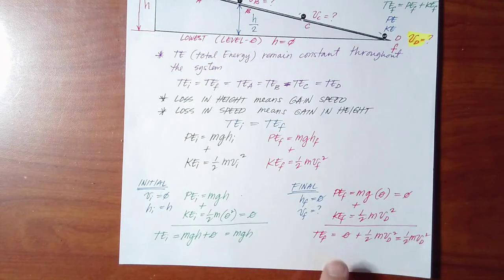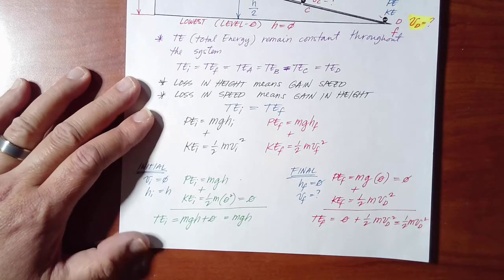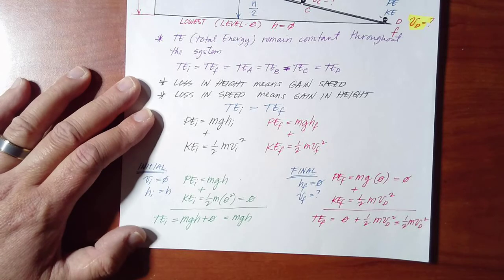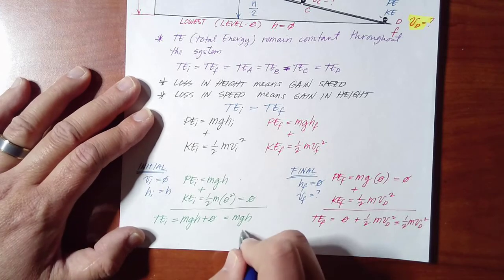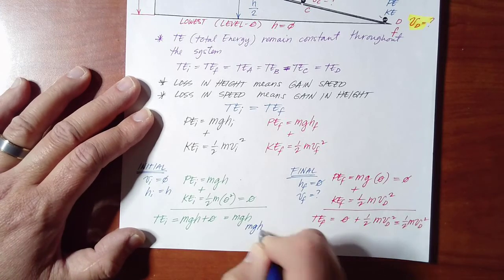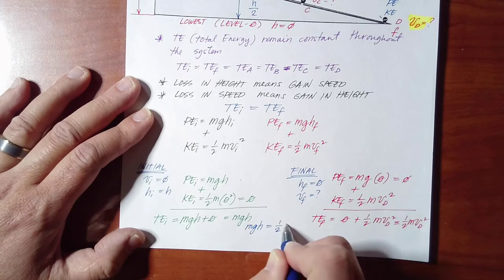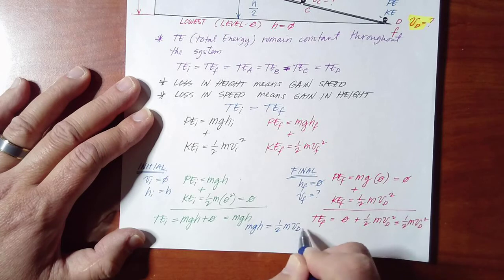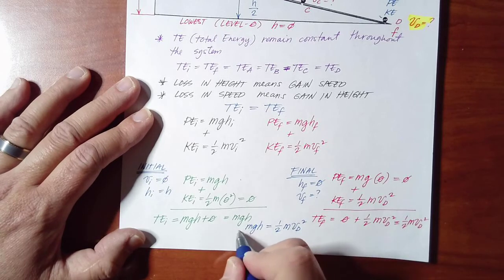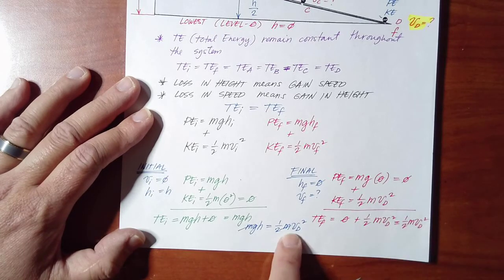By equating these two, because they are equal to each other, we can further solve for its value. That is, mgh equals 1/2 mvd squared, where we can cancel our m, divide both sides by m.